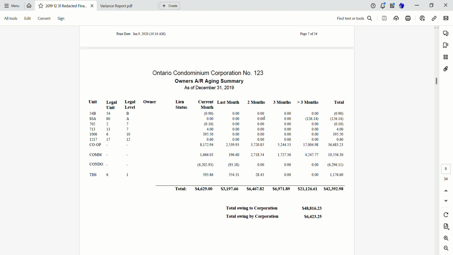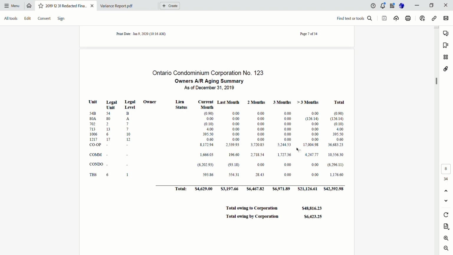We will focus on the 2 months, 3 months, and over 3 months. Before the end of the 3 months, the corporation will need to register the lien against the third party. Let's say for this $5,000 arrears for the co-op, the corporation needs to register the lien on that title.